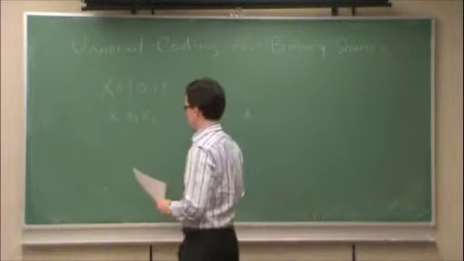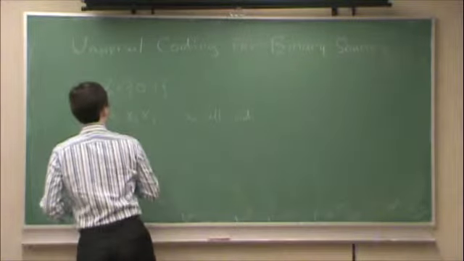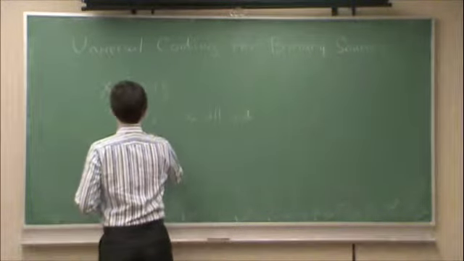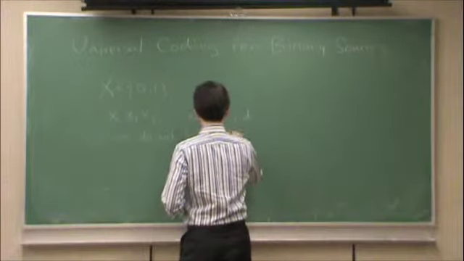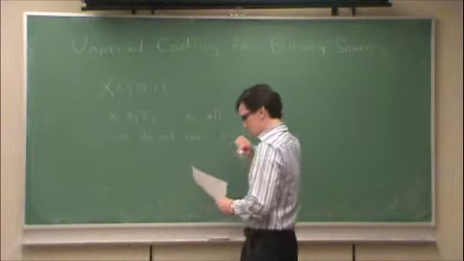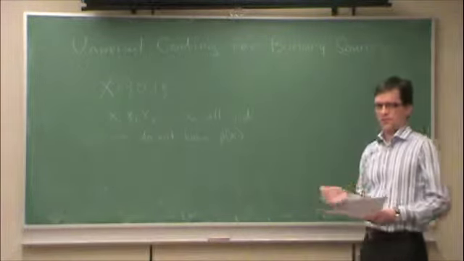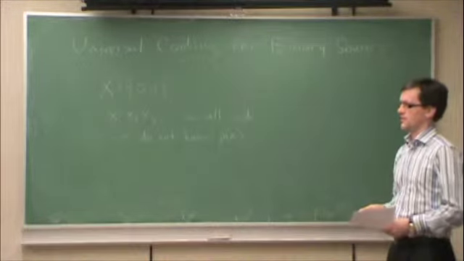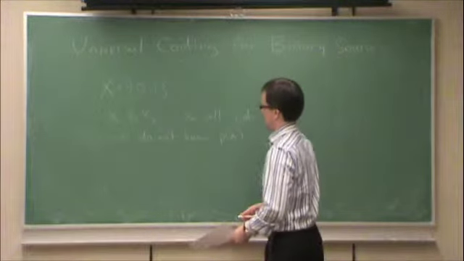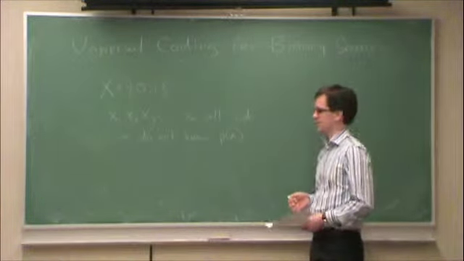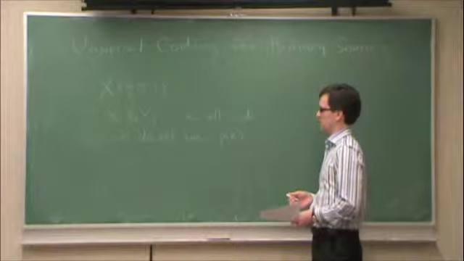But we also are aware that we do not know P of x. So, in this case, this is the practical scenario. We're often given sources over given alphabets where we don't know the probability distribution over the source letters.